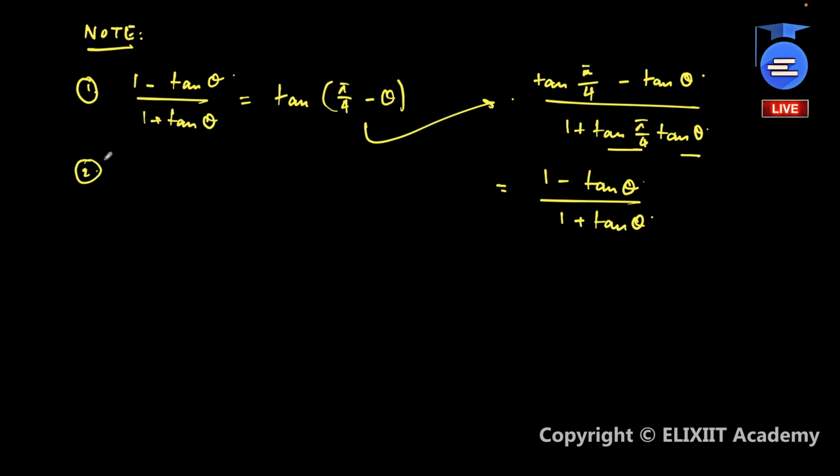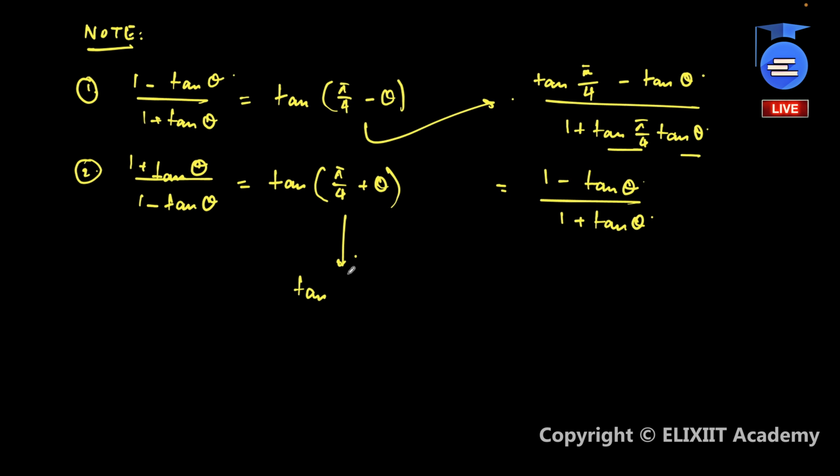Similarly, we have 1 plus tan theta upon 1 minus tan theta. Once you see this, directly you will write this as tan pi by 4 plus theta. Why? Again, the same simple reason. If you expand tan pi by 4 plus theta, it is tan pi by 4 plus tan theta divided by 1 minus tan pi by 4 into tan theta.